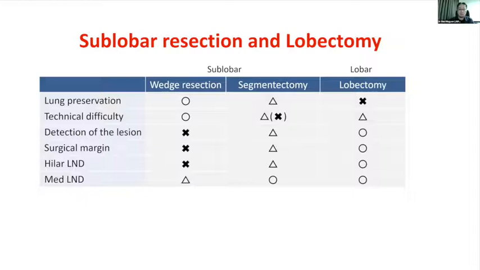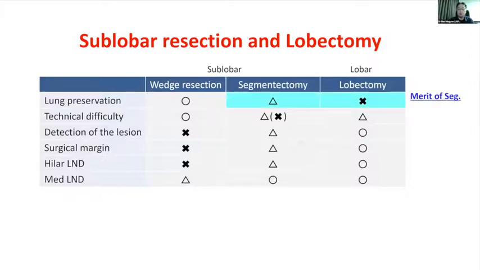And detection of the lesion is sometimes difficult in segmentectomy, because there are many opportunities to resect the peripheral lesion. The surgical margin is also inferior compared to lobectomy, and the hilar node dissection is also inferior compared to lobectomy.